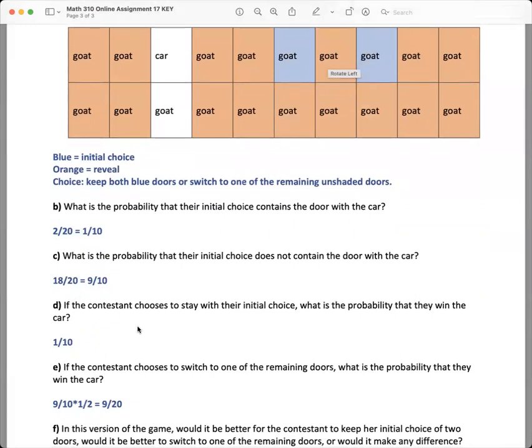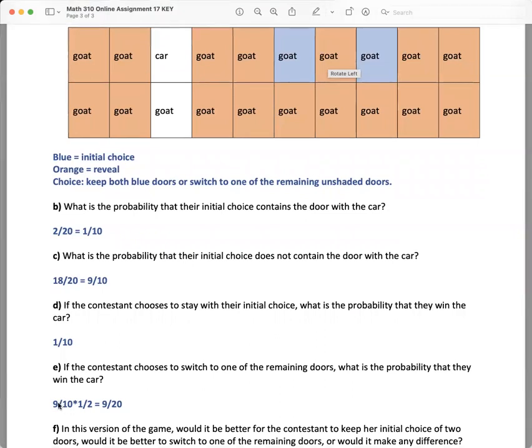And then E has this multiplication similar to what we did in the last assignment. The probability that you do not get the car on your initial choice, which has to happen in order to win if you switch, right? You do not want to choose the car on your initial choice. The probability of that happening is 90%, 9 out of 10.